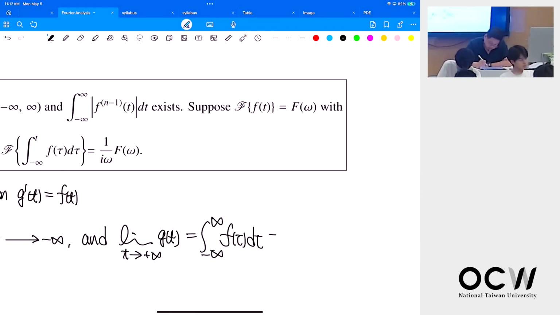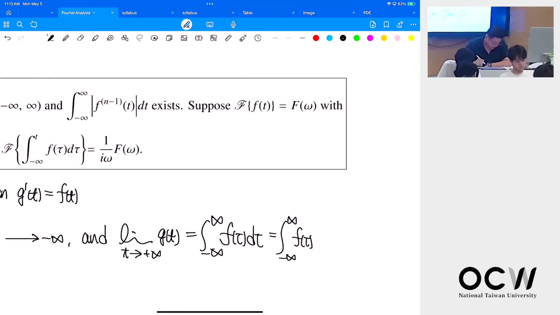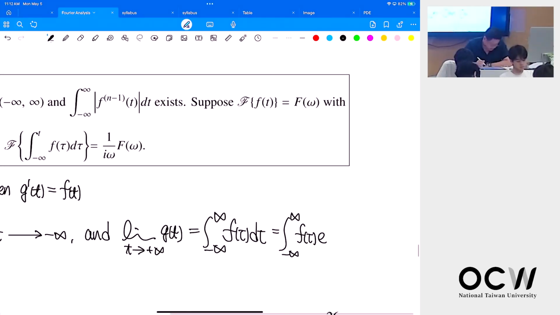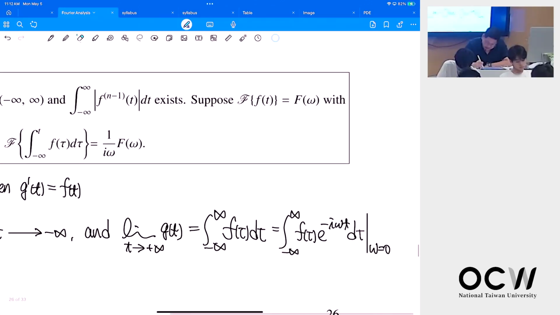So we can also rewrite this integration as f of tau times e to the minus i omega t d tau, but we set omega equals 0. So in that case, the exponential term is still 1.